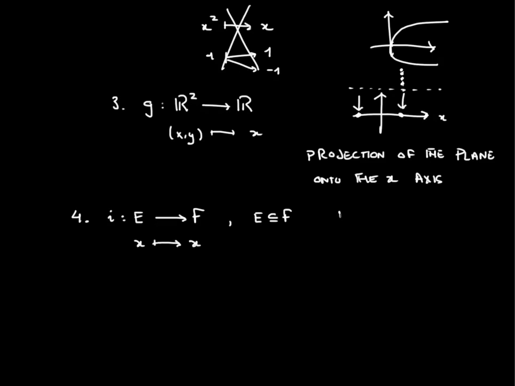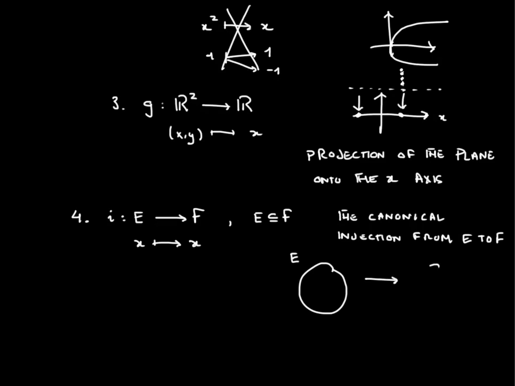So this is the canonical inclusion or injection. I'm going to write injection. I think it's cooler. From E to F, and that simply takes the set E and sends it to the set F, where E is a smaller part. It is a part of F.